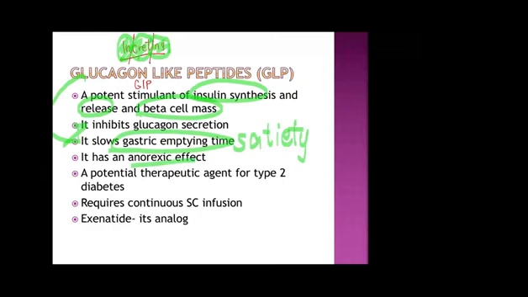And since ang glucagon-like peptide ay sinusuportahan ang action ng insulin, we realize that glucagon-like peptides or the incretins are hypoglycemics. Okay? They are hypoglycemic hormones. That's why sila ay nagpo-provide ng potential therapeutic agent for type 2 diabetes mellitus.